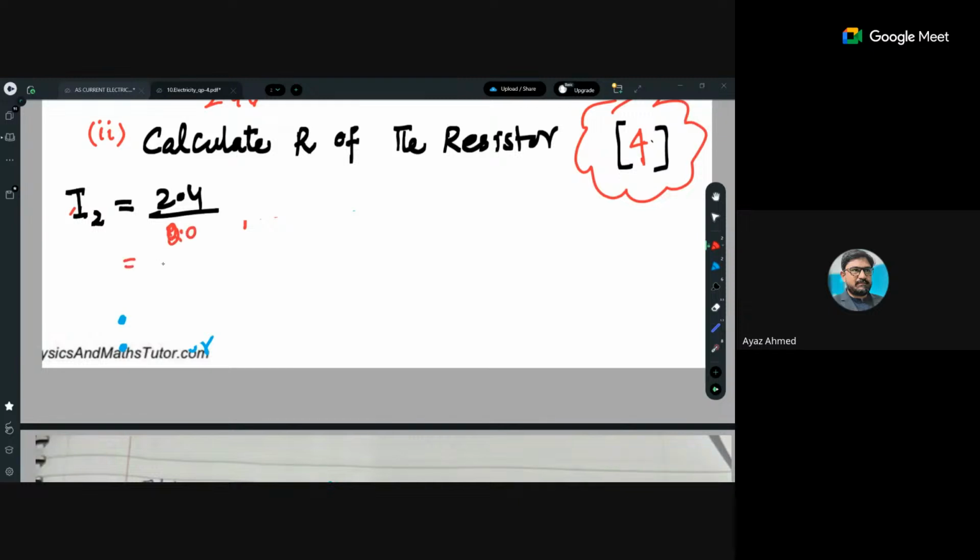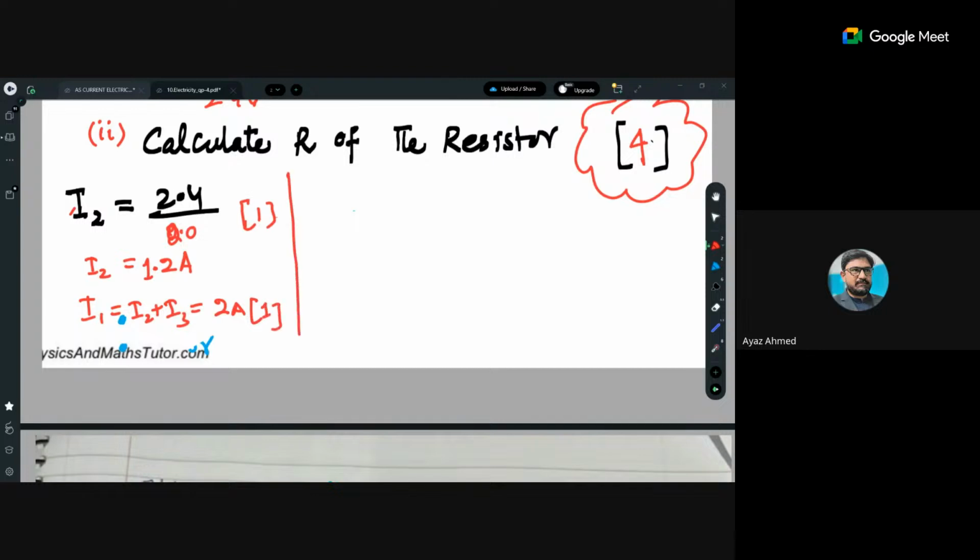So that was your 1.2 ampere. It was your I2, and your total current I1 is equal to I2 plus I3. So that is 2 ampere. 1 mark here, 1 mark here.